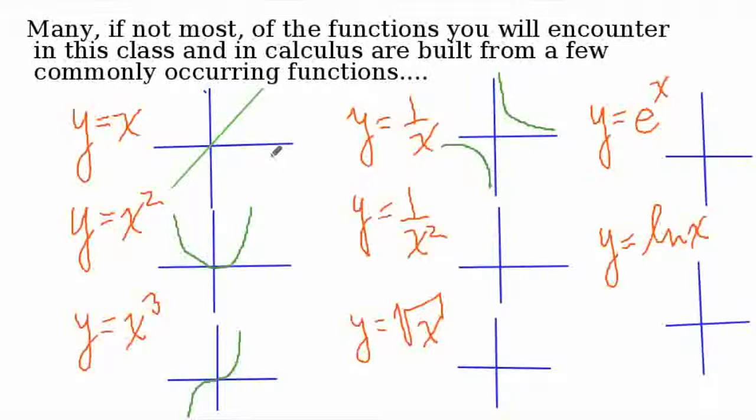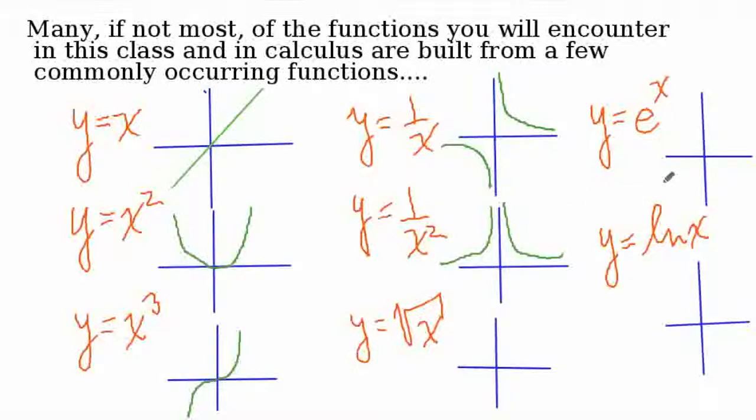All right. How does the 1 over x squared differ? Well, that one still gets huge as you get close to 0, and it still gets small as x gets big. So the right side is similar. On the left side, it's always going to be positive, so it's going to end up being like that.